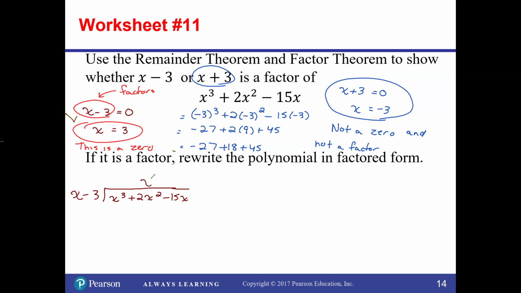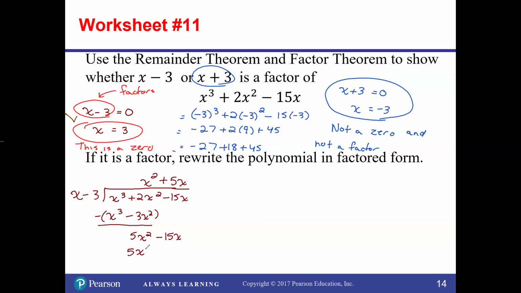So if we do that, x goes into x cubed, leaves me with x squared. Multiply x squared to x, multiply x squared to 3. Remember, we're subtracting. So I'm going to be left with 5x squared, and we bring down the negative 15x. Divide x into here, we get plus 5x.